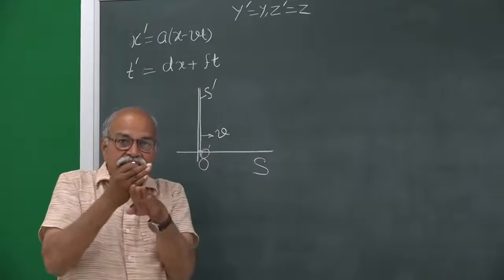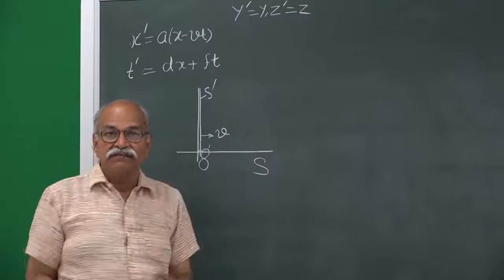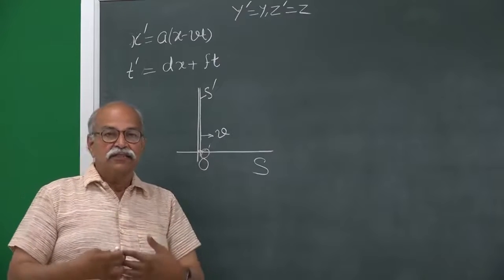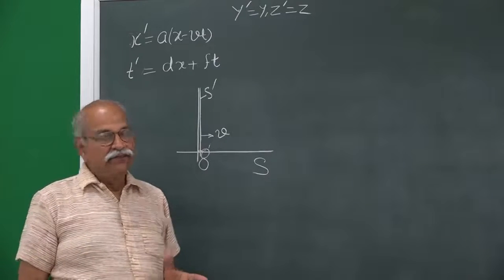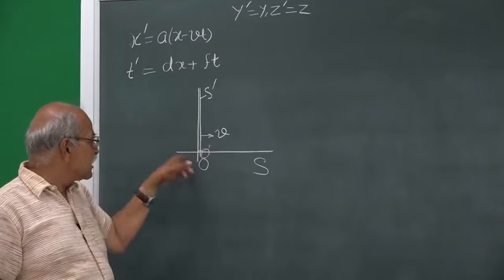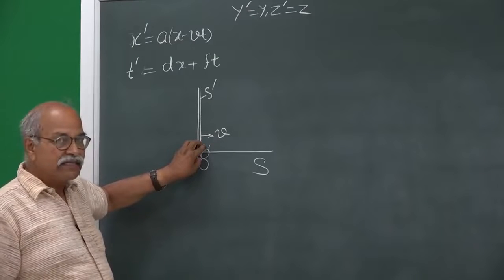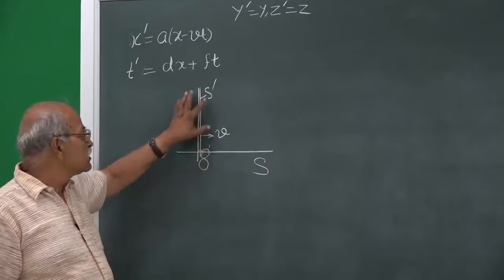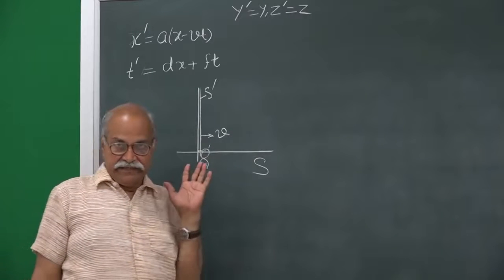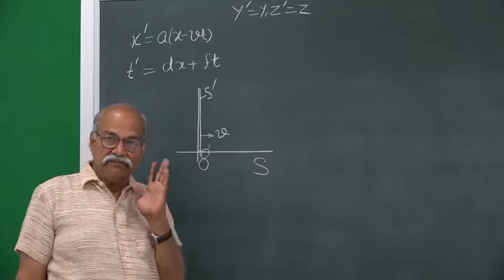And at the crossing, at that instant, some electromagnetic radiation pulse, a very short pulse, is generated, and that spreads in all directions. In this context, we will be taking three events.